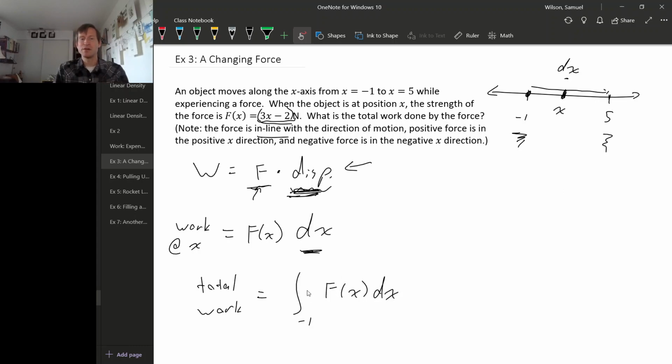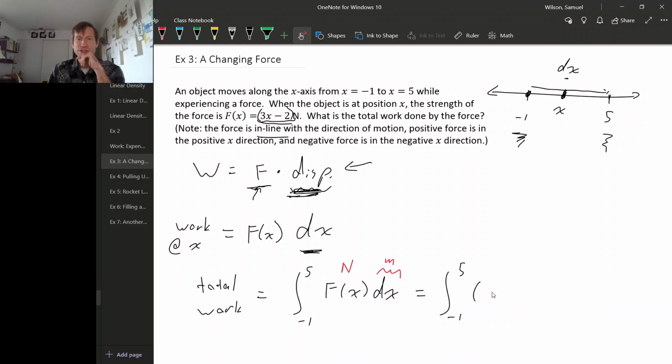Before we compute it, notice that this force is in newtons and dx is in meters, so when we multiply these together we get a newton times a meter. That's a joule.